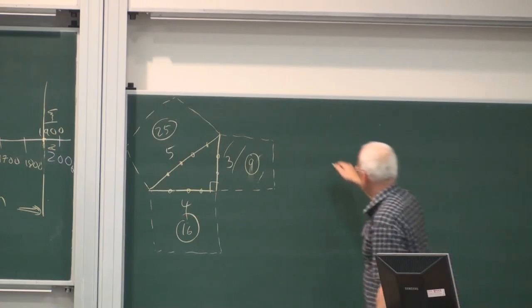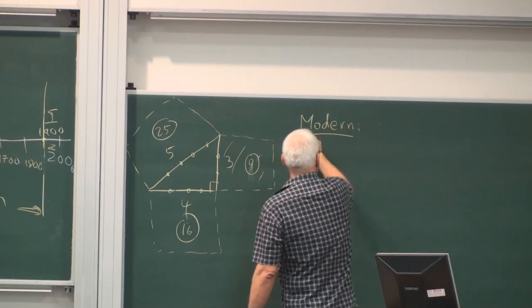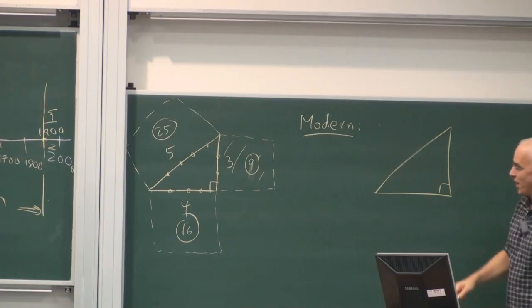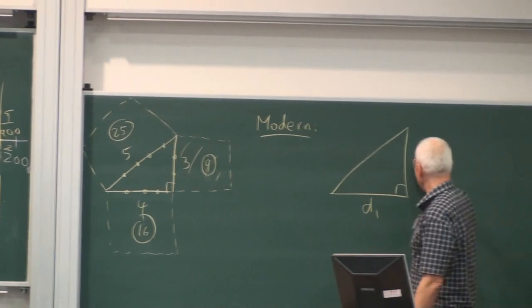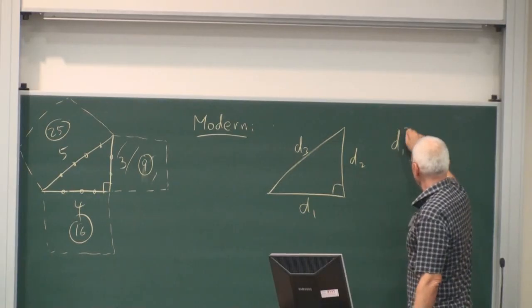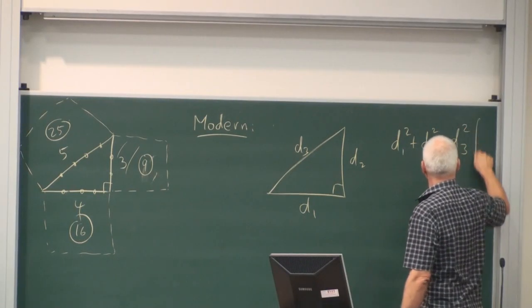So these days, the modern formulation is to say, all right, we have a right triangle with side lengths d1, d2, d3, then d1 squared plus d2 squared equals d3 squared.